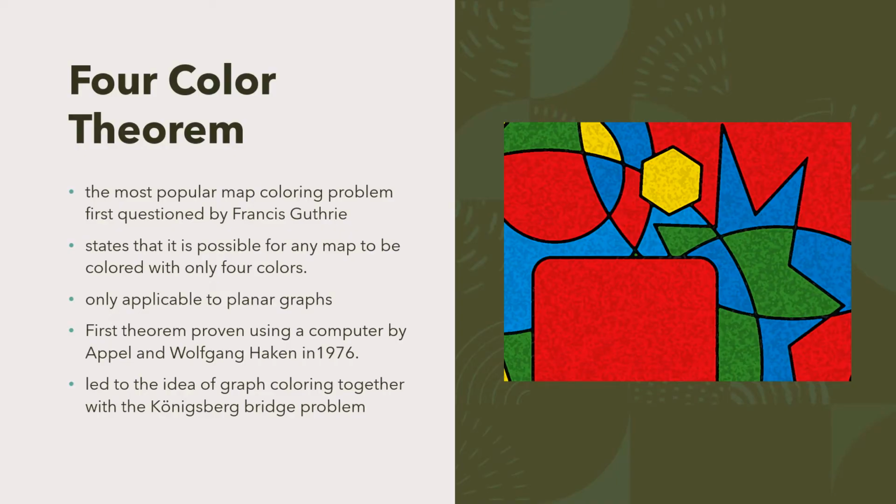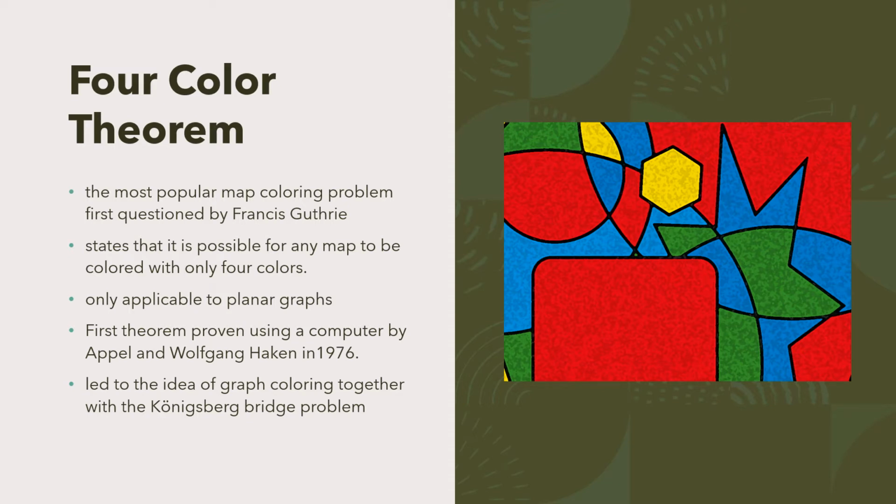So what led to the idea of graph coloring? One of it was the four-color theorem proposed in the 19th century to solve a map coloring problem, which was said to be the most popular graph coloring problem.